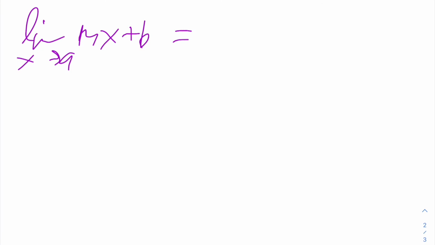This basically means that plugging in a for x in your function works, so that we can use this method in a justified manner for whatever linear equation we come across. So one caveat is that m cannot equal 0.